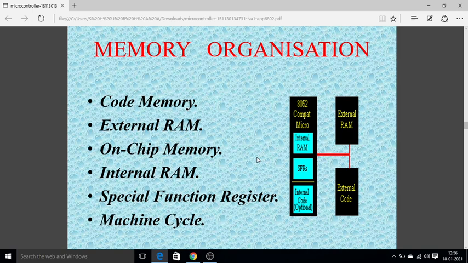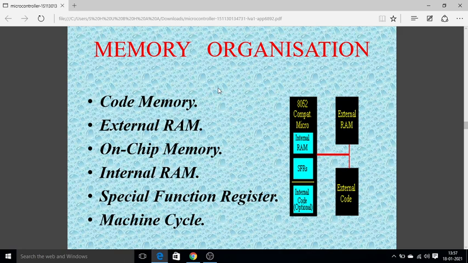By executing those instructions of the program, it controls the devices which are interfaced to the 8051 microcontroller. Next I will give the introduction to the memory organization, and after that we are going to discuss it in detail in the coming class.